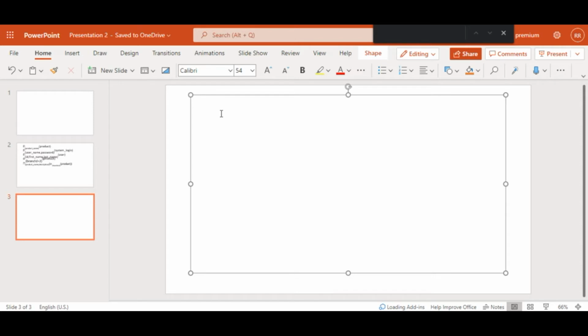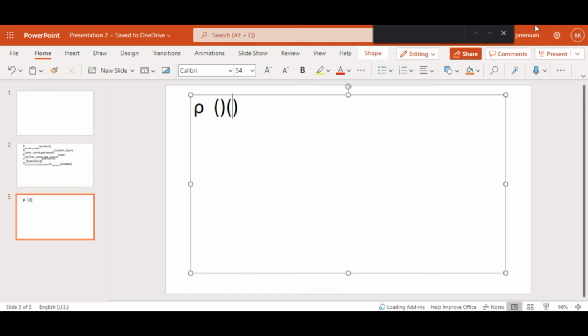You can use the rho symbol. This basically represents the renaming process, and here I'm going to use two brackets.